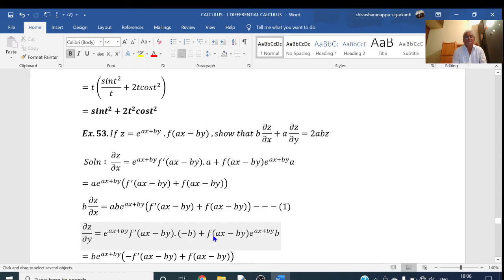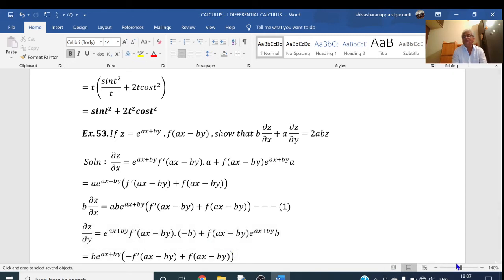Plus the second function f(ax−by) into the derivative of the first, e^(ax+by), which is e^(ax+by) into the derivative of ax+by, where ax gives 0 and by gives b. Now I take the common factors: e^(ax+by) and b. What remains in the first term is −f'(ax−by), and in the second term, +f(ax−by).